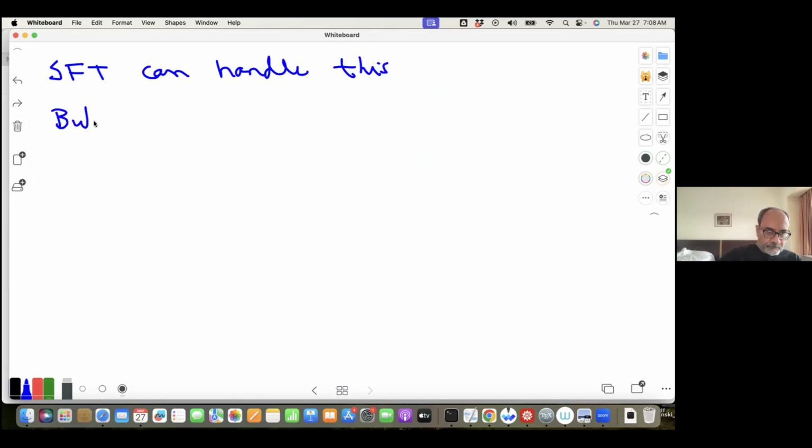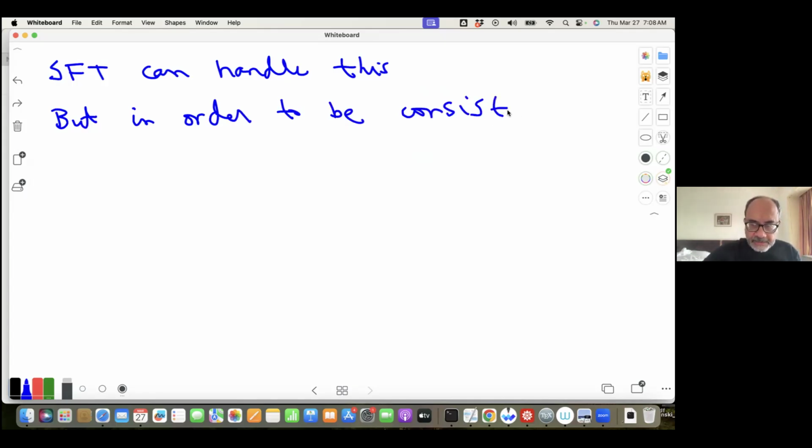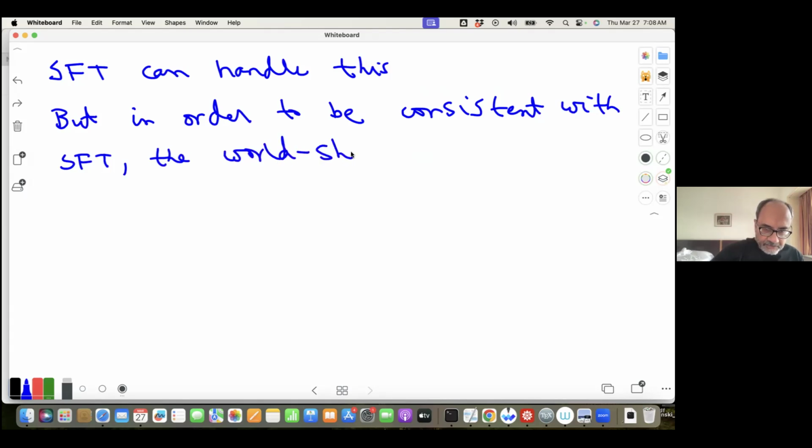But in order to be consistent with SFT, the worldsheet procedure has to satisfy certain consistency conditions, and that's what I'm going to discuss.